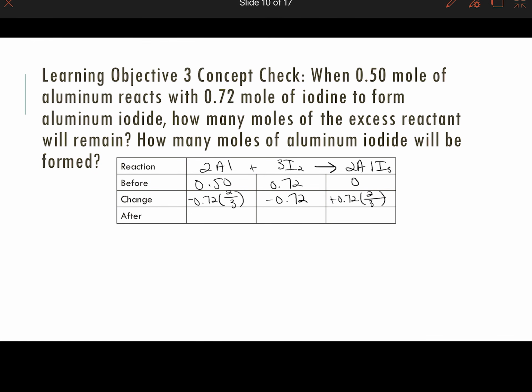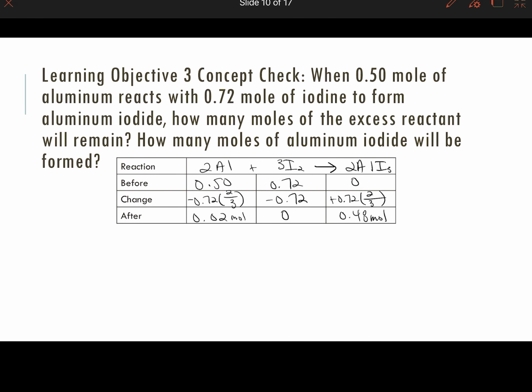So now we do 0.5 minus 0.72 times 2/3, which gives us 0.02 moles. 0 moles here. And when we take our 0.72 times 2 divided by 3, we get 0.48 moles here.